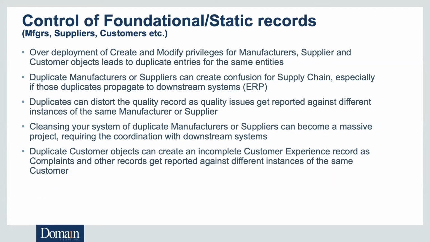What I mean by that is manufacturers, suppliers, and customers are foundational, right? They're static. You create it once and it's used over and over again. If you allow a large group of users the ability to create those foundational type records, then inevitably you're going to end up with duplicate records, because a manufacturer name could be spelled differently from one person to the other person.